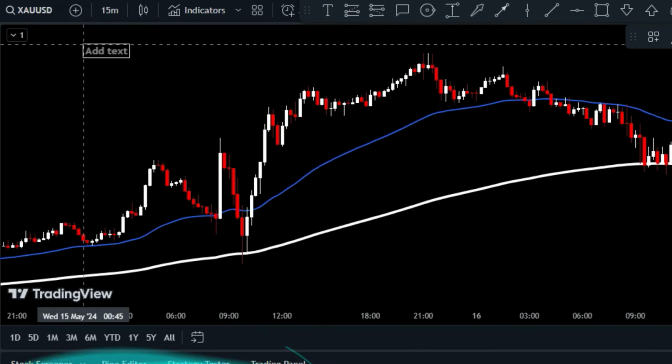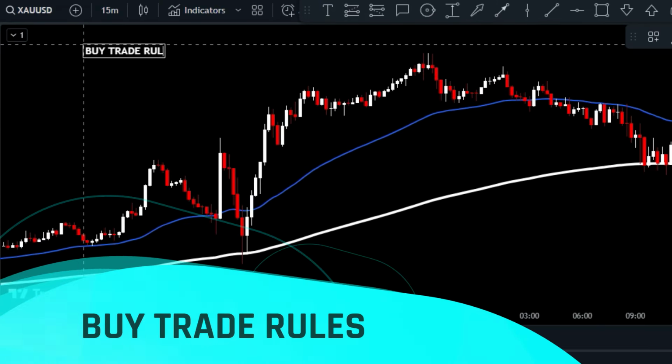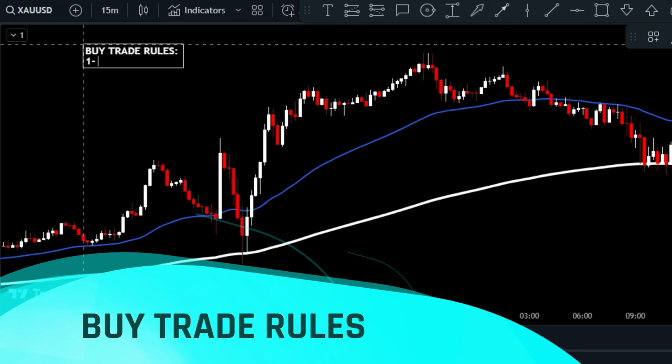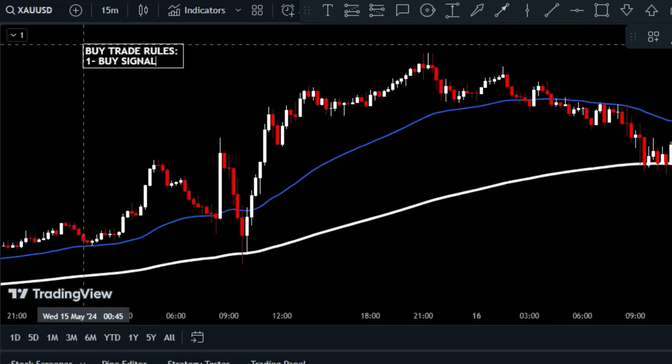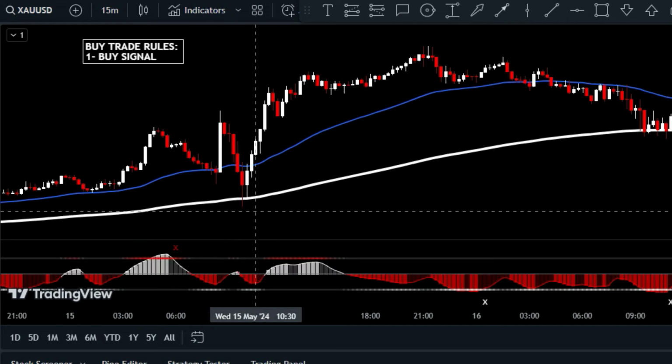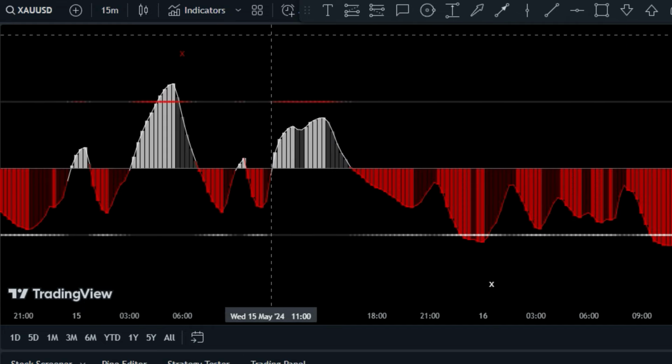Now you've got it. Let's run through the steps for identifying buy trades. First, keep your eyes peeled for the first white histogram bar that pops up above the zero line after a few other colorful bars. That's your green light.